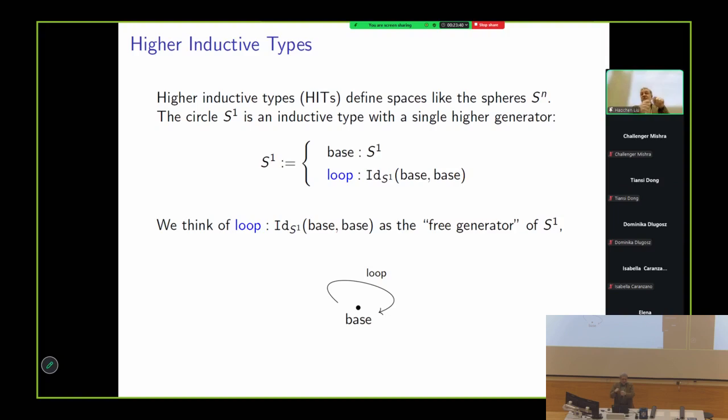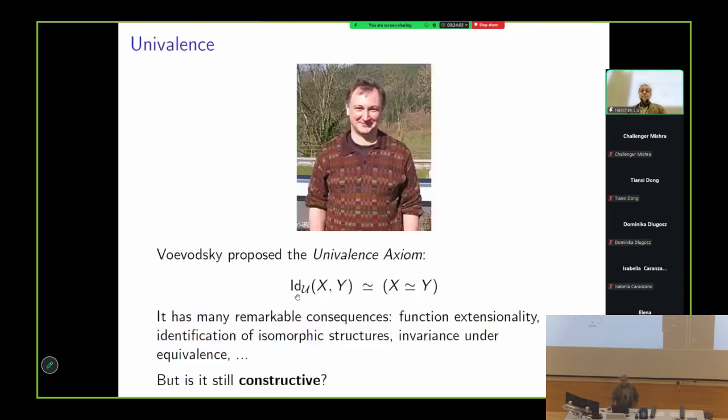The point is a term of type S1. The loop is a term of the identity type of the base point. Okay? Because remember, loops or paths are just identity proofs. So S1, the unit circle, is generated inductively from a base point and a loop of its identity type.